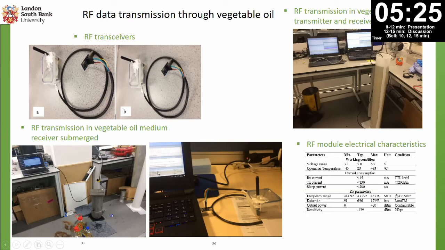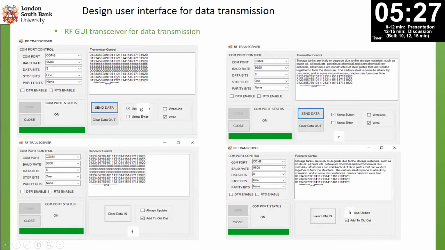The results show that the transmitted data was received without any attenuation in these tables. This is software we developed to check the data transmission, to see if we receive any attenuation during the transmission, but we received all the data transmitted through the vegetable oil.